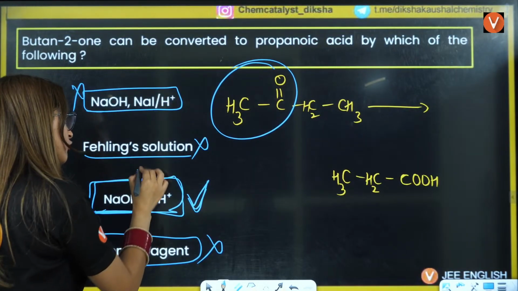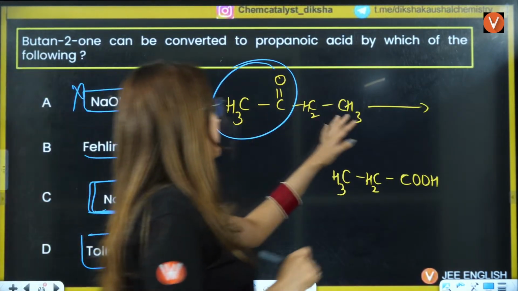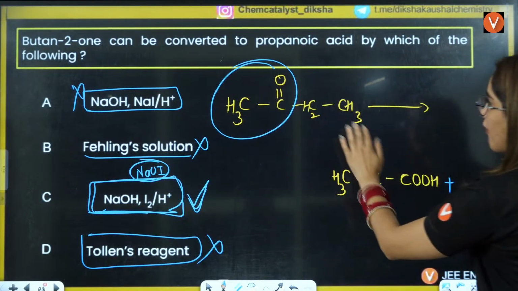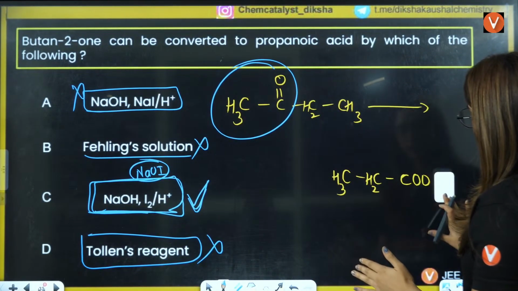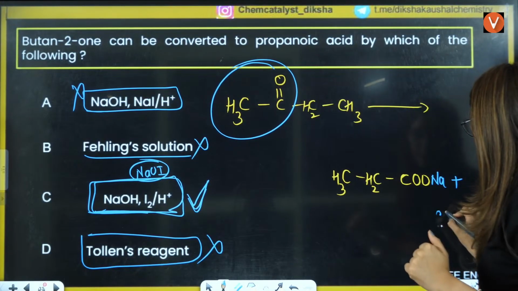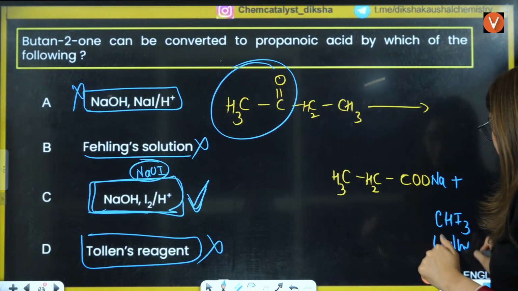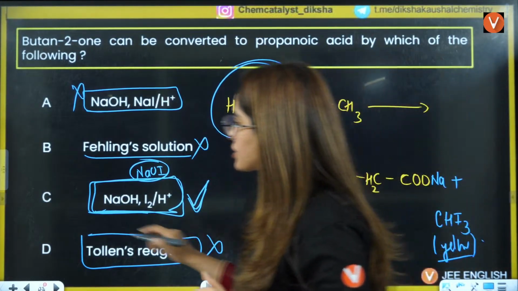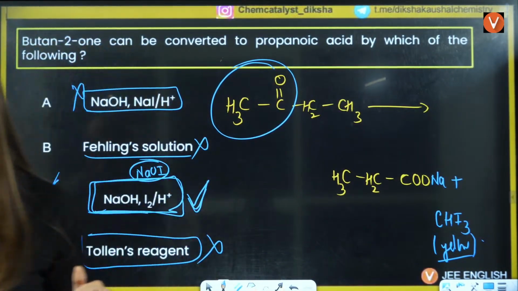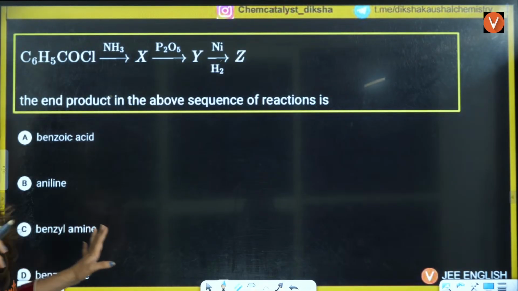That is important, right? Now this is going to convert this into one carbon less salt of carboxylic acid plus CHI3, right? That is yellow precipitate, right? So by iodoform reaction you can convert this. So answer will be C is the correct answer here, right?